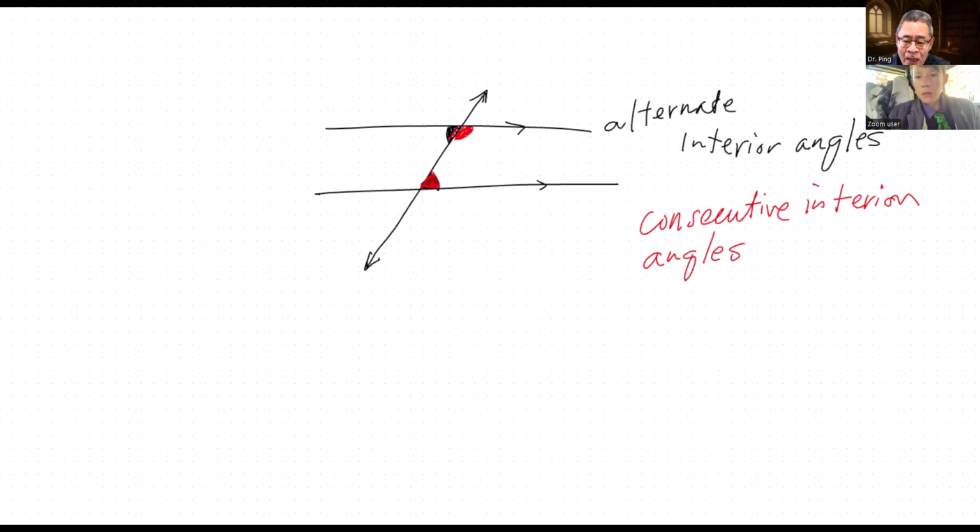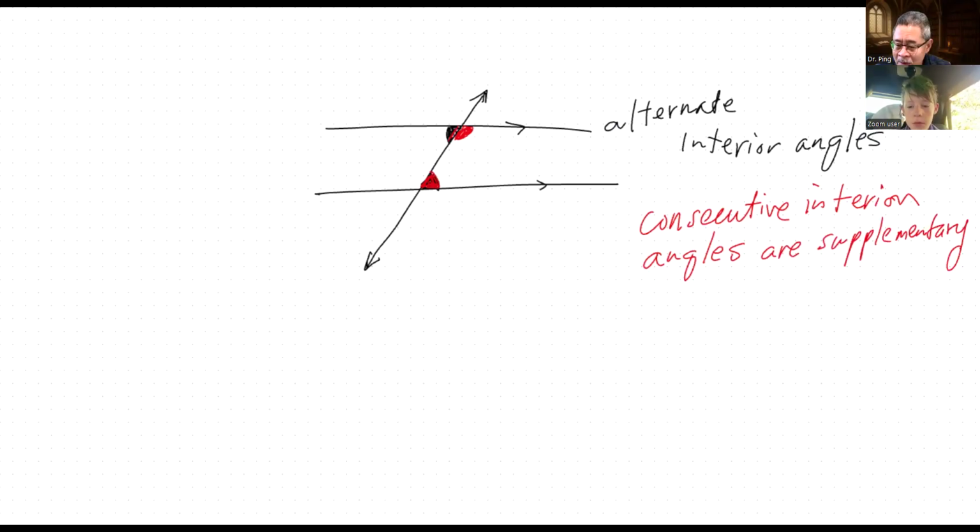Okay, so those two angles add together should have 180, which means those two angles are supplementary. Good? The two red ones.